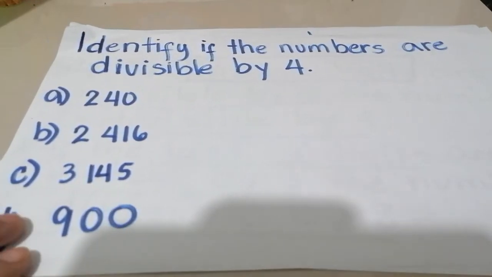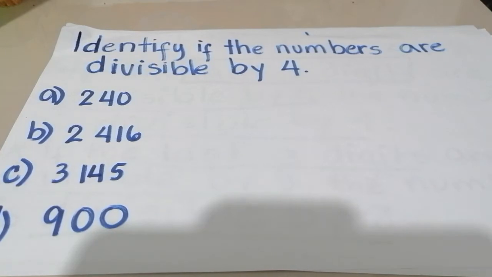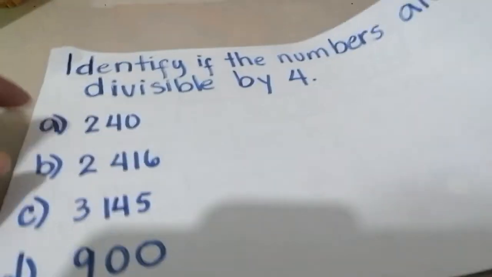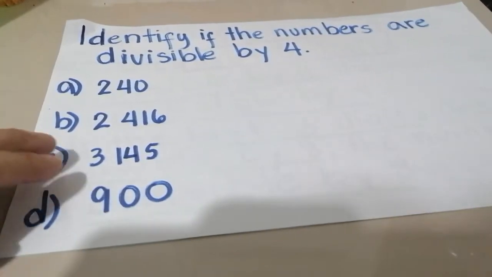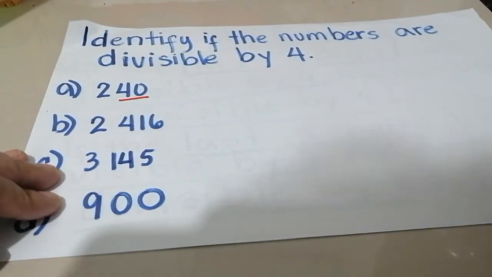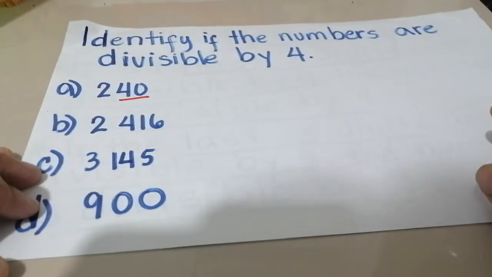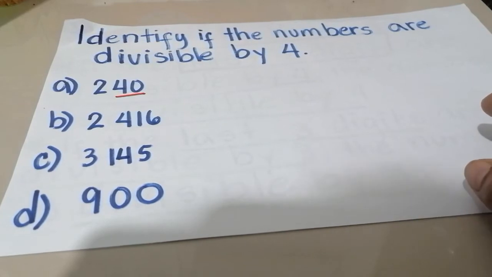Identify if the numbers are divisible by 4. From the meaning of the rule, we just need to look at the last 2-digit number. So, saan ang last 2-digit number? Ito. This is the last 2-digit number, 40. We just need to know if 40 is divisible by 4. How would you know that?